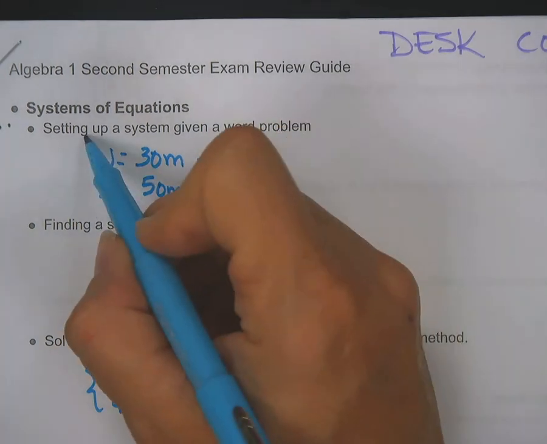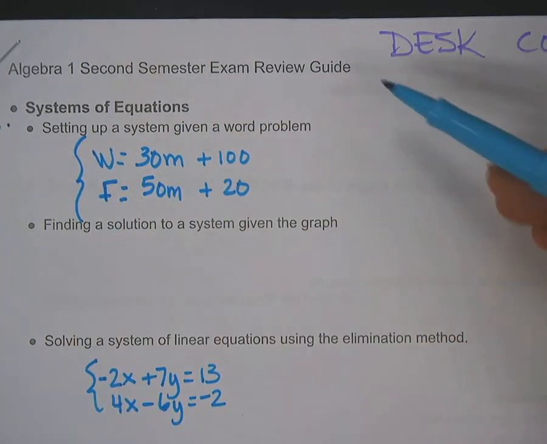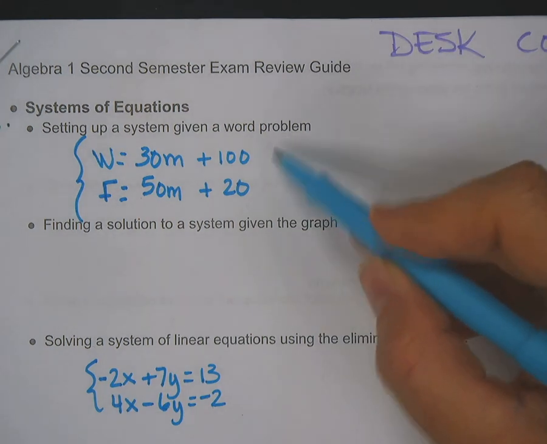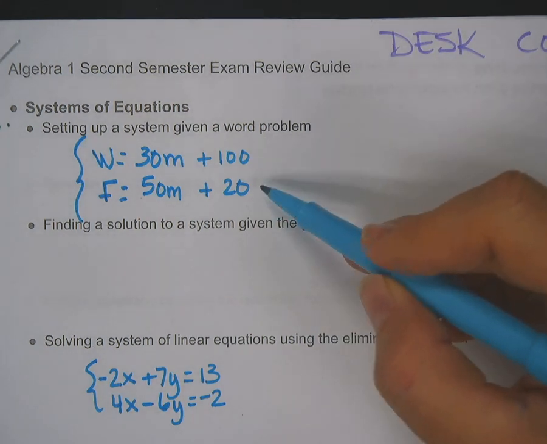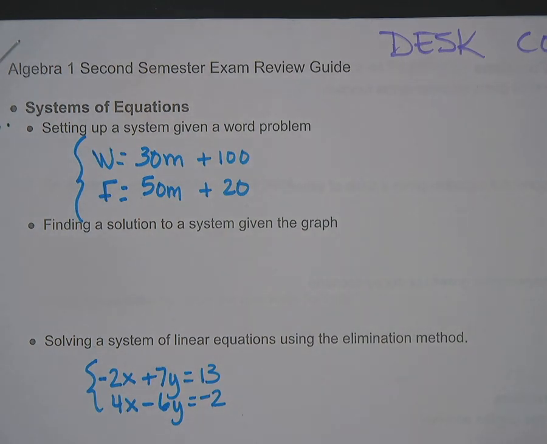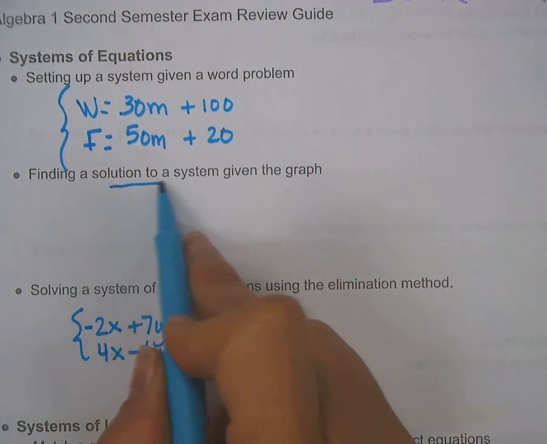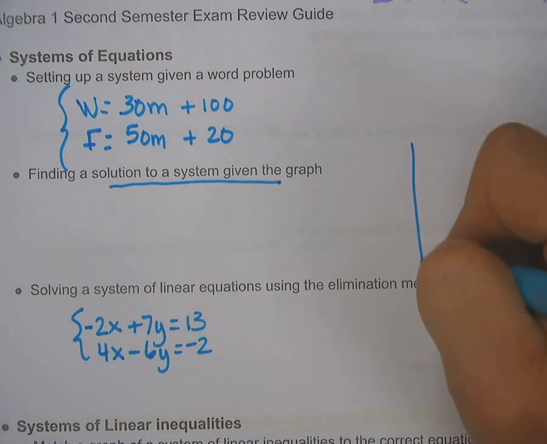So the first question is just seeing if you can take the word scenario and come up with a system of two equations. It's multiple choice, and you have to pick which system matches the word scenario. Second question is, can you identify the solution to a system if you're given a graph?